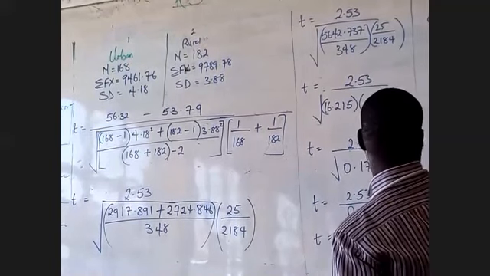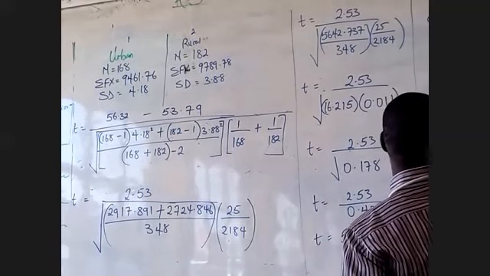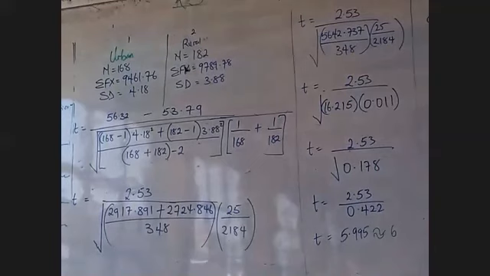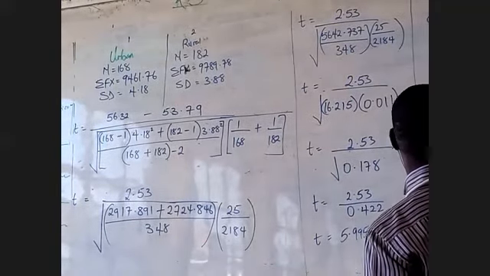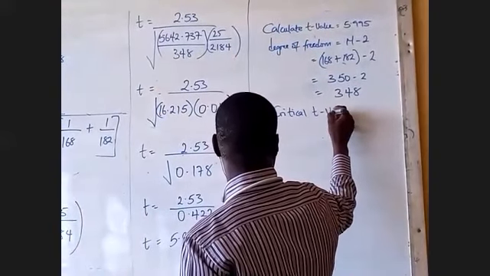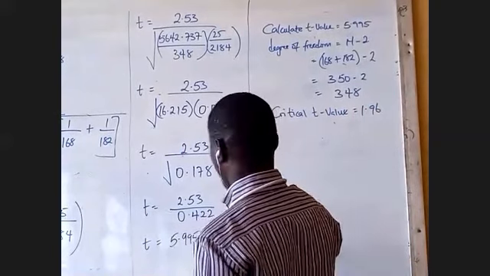And that will be 168 plus 182 minus 2. 168 plus 182 is what? 350, is it not? And our critical value is 1.96. I think that is all.